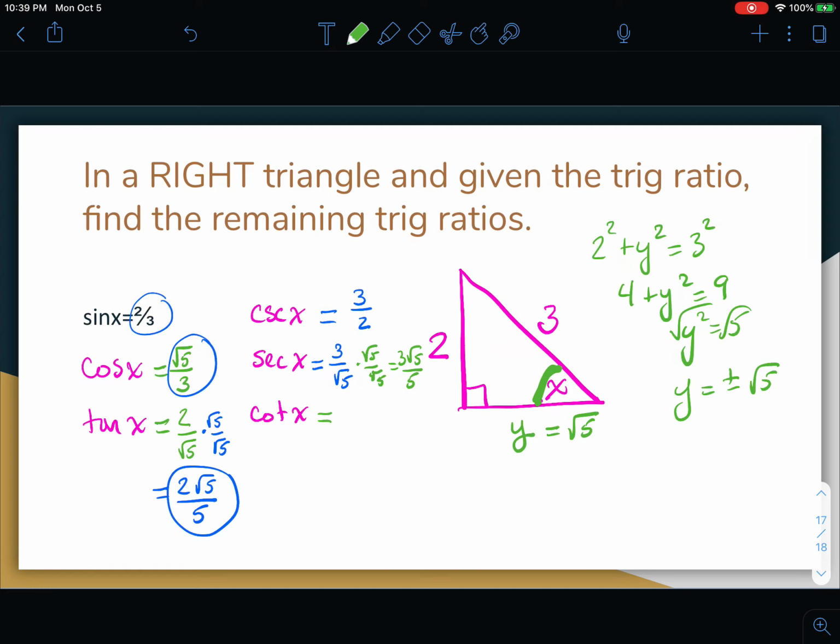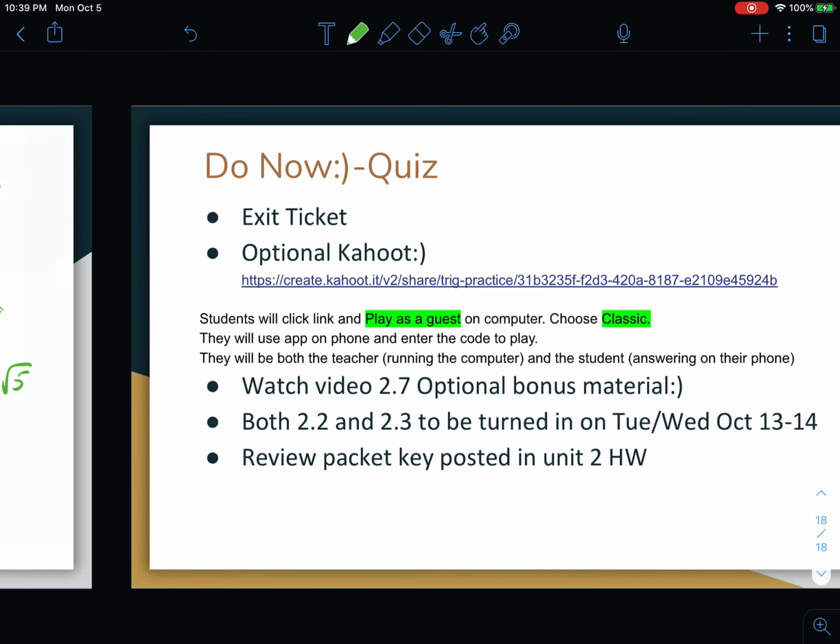And cotangent of x is the reciprocal of tangent of x. This is actually nice. I'm going to take this little green ratio and just reverse it, do the reciprocal, and now I'm done. We didn't have to do much more for that one. And those are your 6 ratios. If I give you one and tell you it's a right triangle, you can create that triangle, find the missing side, and find all the rest of the trig ratios.